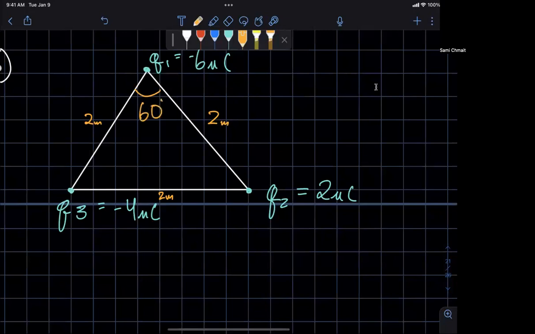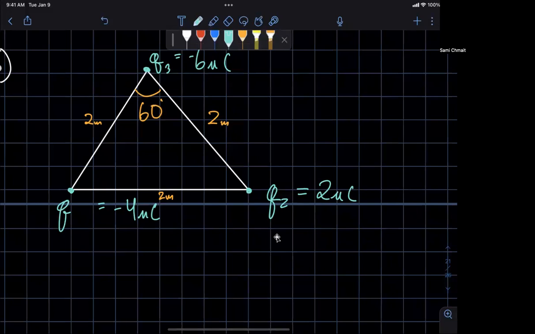And then we're going to draw each vector here. So let's start with the effect of Q1 on Q3. How's that vector going to look? It's sort of pointing to the left and down. Yeah, one second. Let me relabel this, because it doesn't make sense the way I labeled it.